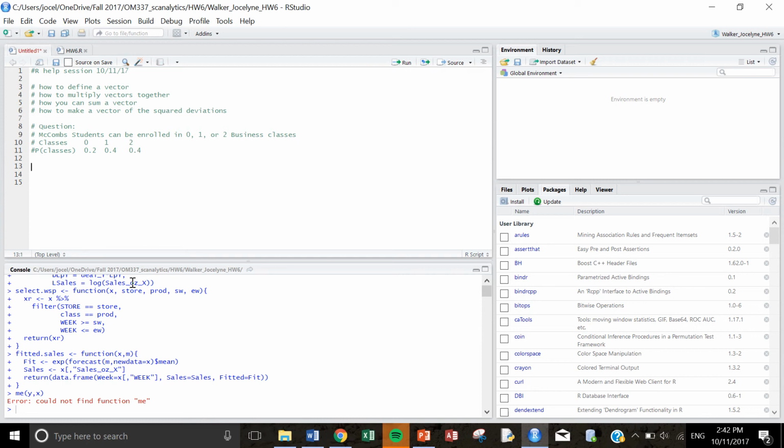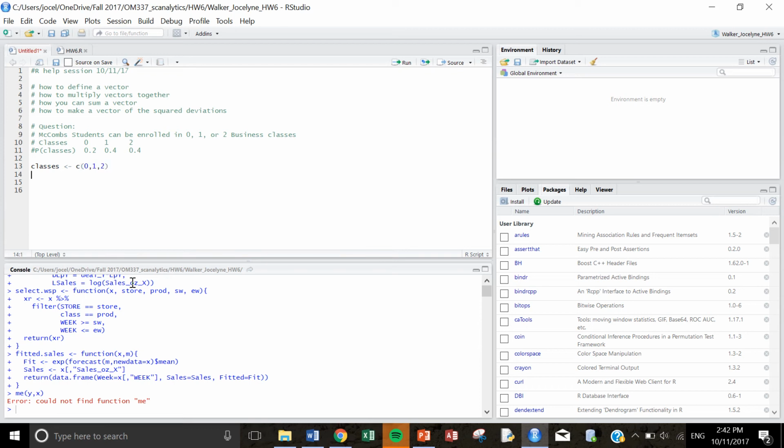And we will first make a vector of the classes. So we will call it classes. And we define a vector with C, and I'm going to put 0, 1, and 2 because those are the class options.